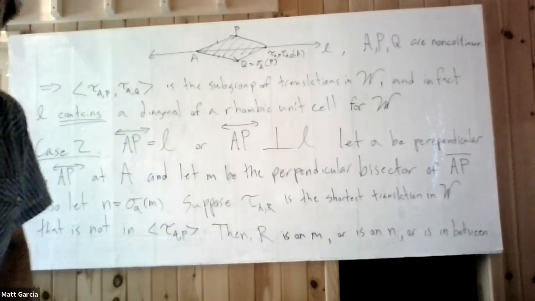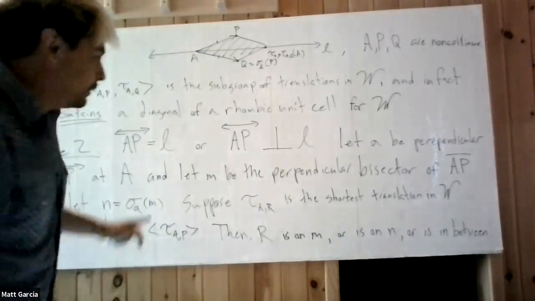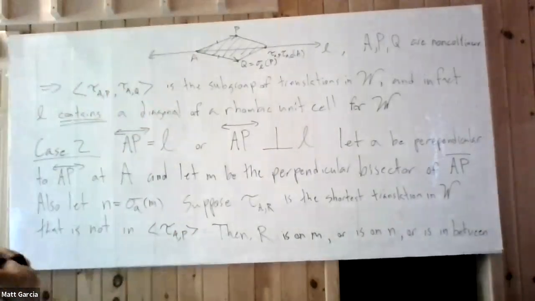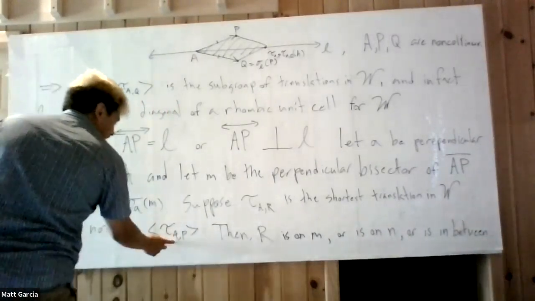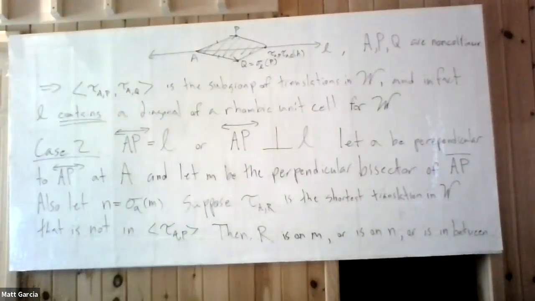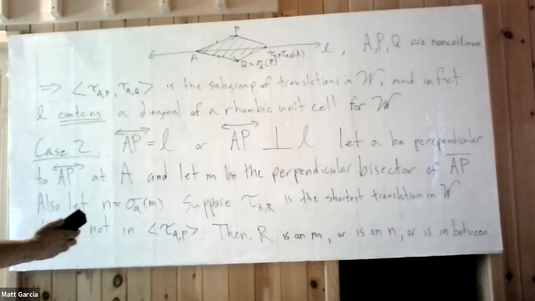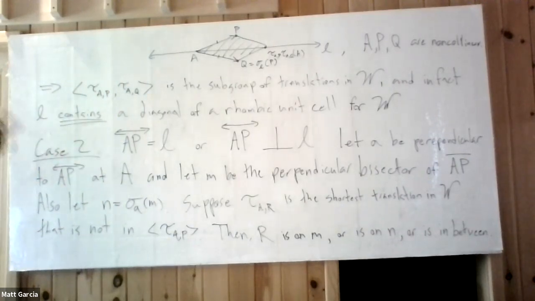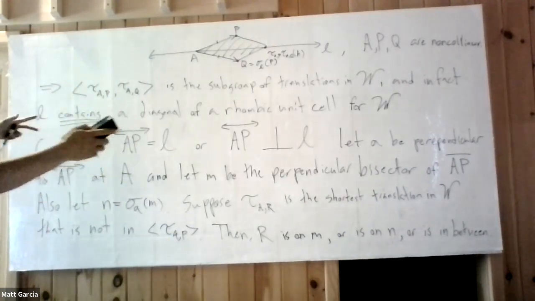It's near impossible to tell without the picture. I'll give you a hint. It's related to this translation, tau sub A comma P. So now let me clear the board and draw the diagram that will help you see this.